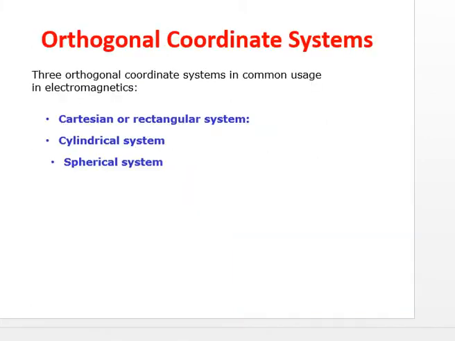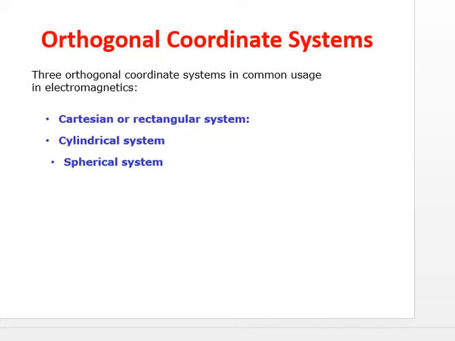Dear students, now we start the important topic, coordinate systems. This is a very important topic, because coordinate systems are of three types. First is the Cartesian or rectangular system, then the cylindrical system, and the spherical system.